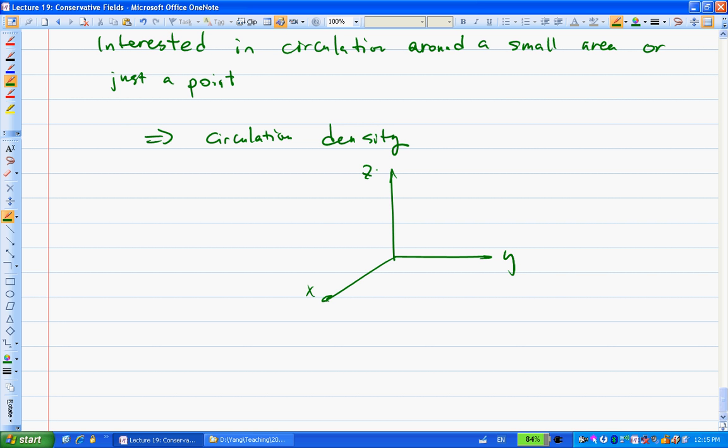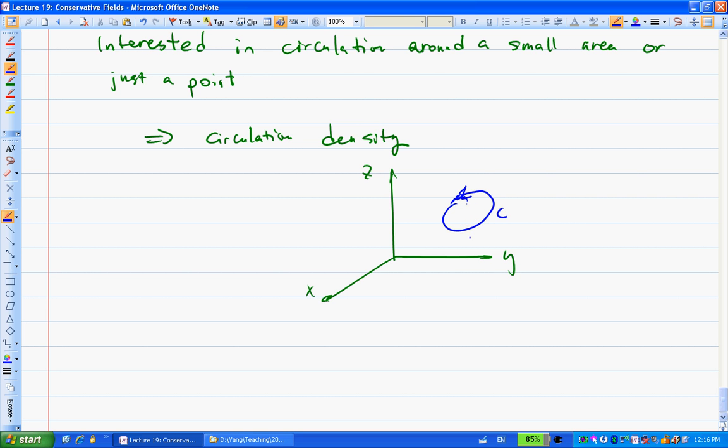Since we're looking at a very small area, or even just a dot, we're going to draw a very small area using a closed curve C. I'll just draw an arbitrary curve C. For simplicity, consider a planar region surrounded by this curve C.